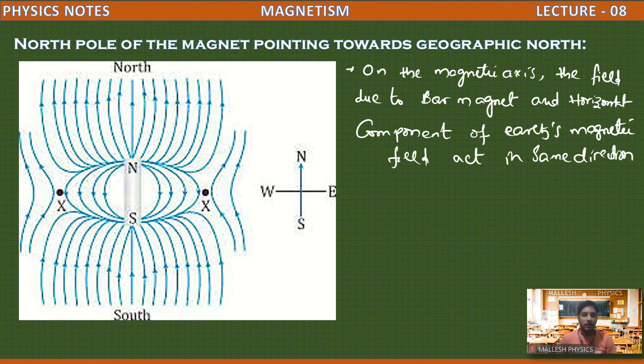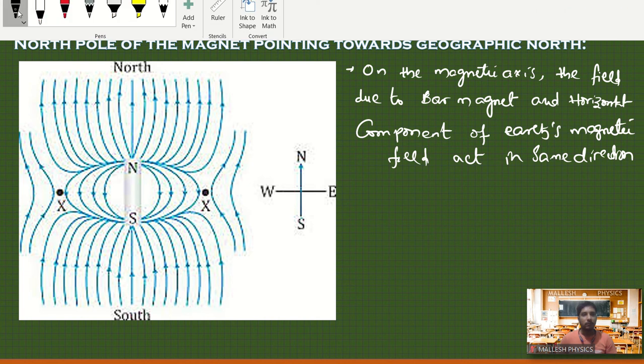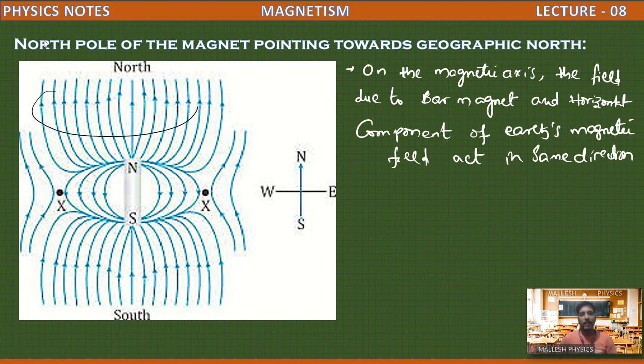If you observe the direction of these lines of forces, the direction of the magnetic field due to the bar magnet and Earth's magnetic field BH act in the same direction. So there is no zero net magnetic field. In the same way downward also it is the same.